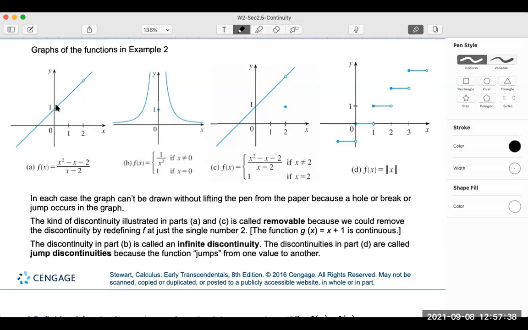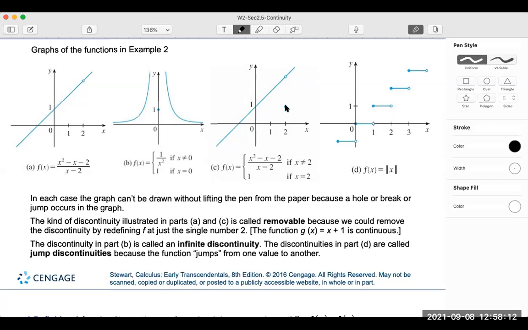The first graph is the graph of this function. As we can see, at 2 it is undefined. That's a hole here. It is discontinuous at this point, right? This is the graph of the second function. At 0, it is 1, it is this point. And x different from 0 follows these two paths. And this is the third guy.